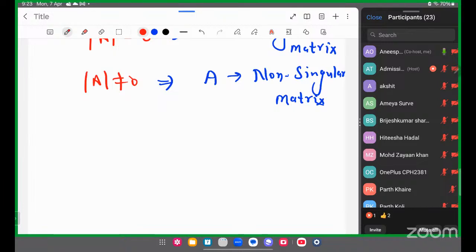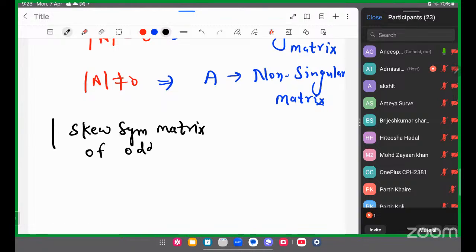Let's take another point, which is already discussed: determinant of a skew symmetric matrix of odd order. It is always 0.